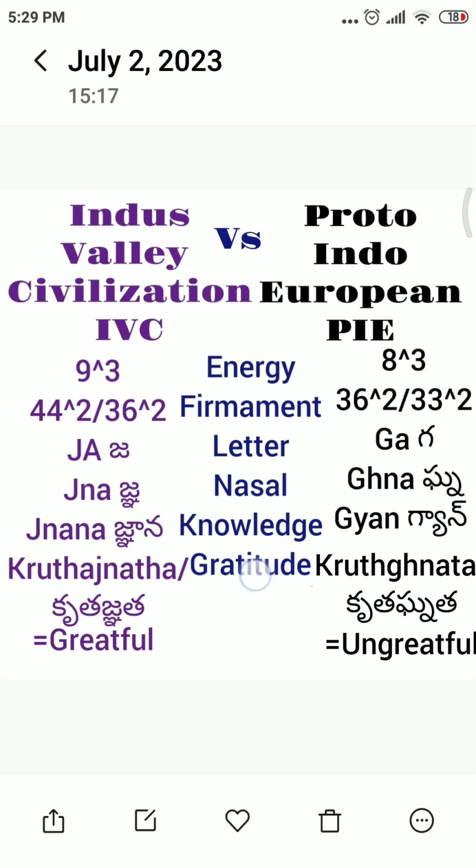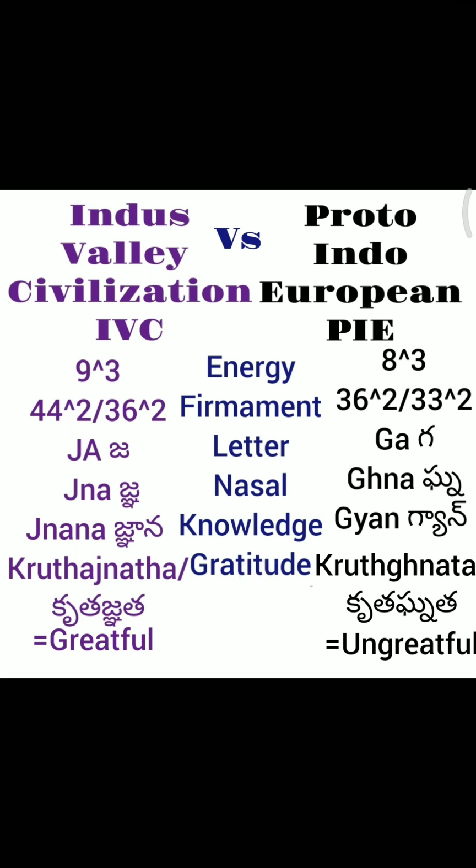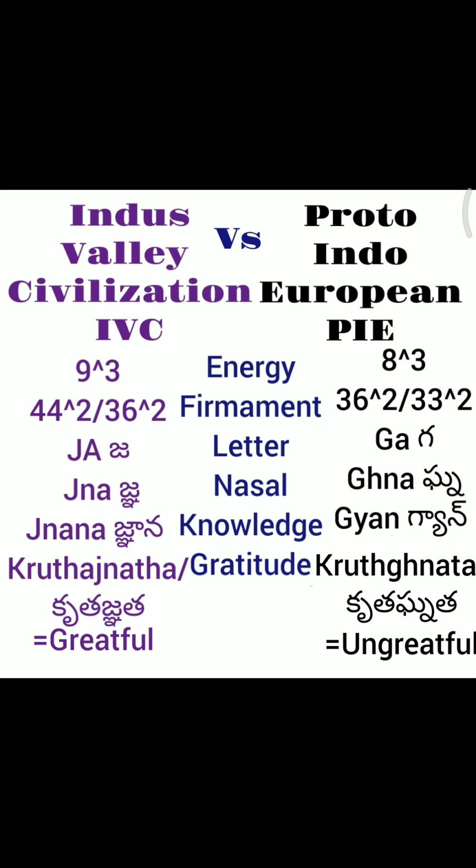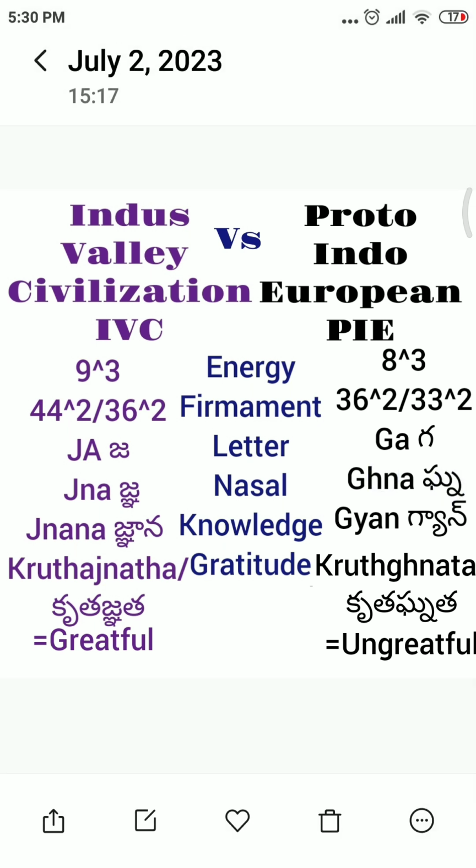So for the same word, we have another word which sounds like the Avestan gna. In Avestan, the word gna means killer. In fact, Indra is called the Vritragna. Vritra is the Asura, the Vritrasura, what we call in Sanskrit.